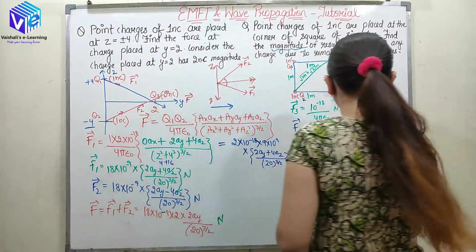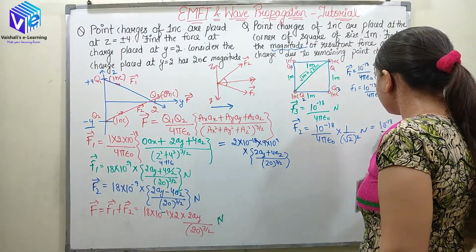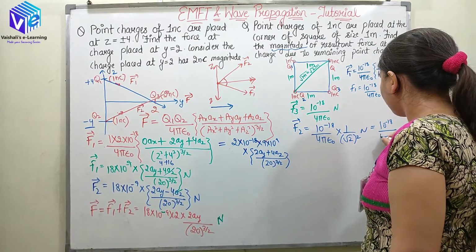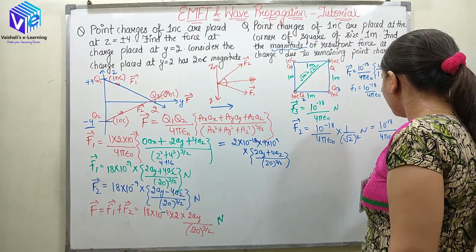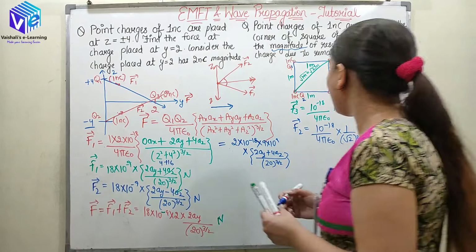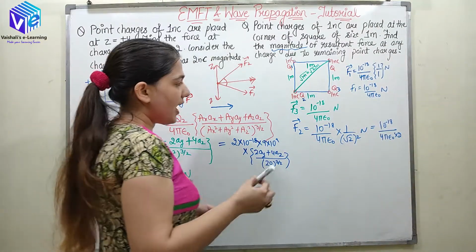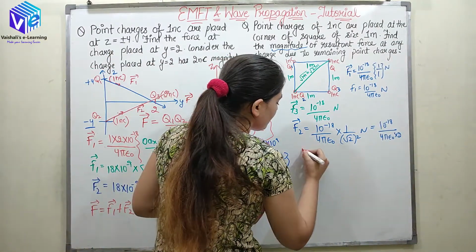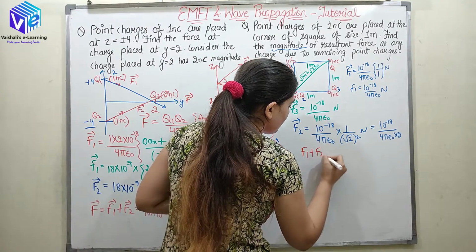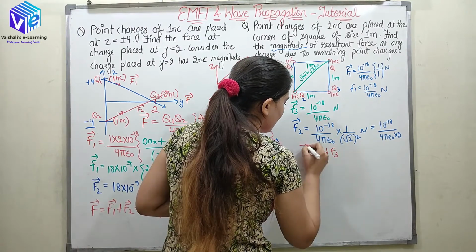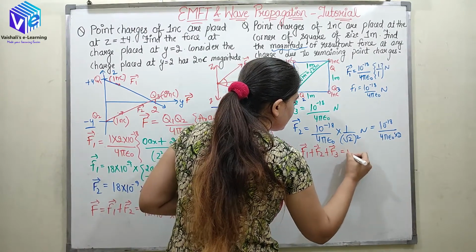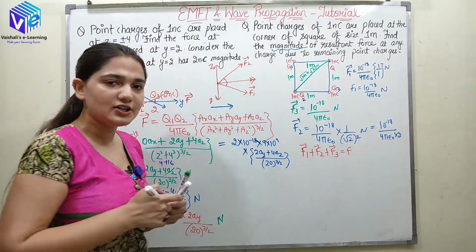So it is actually 10 raised to power minus 18 upon 4 pi epsilon naught into 2. Now I need to add these three forces. So F1 plus F2 plus F3 will be the resultant force F on the charge Q.